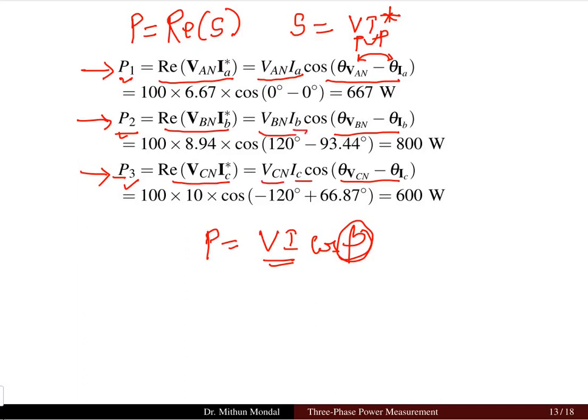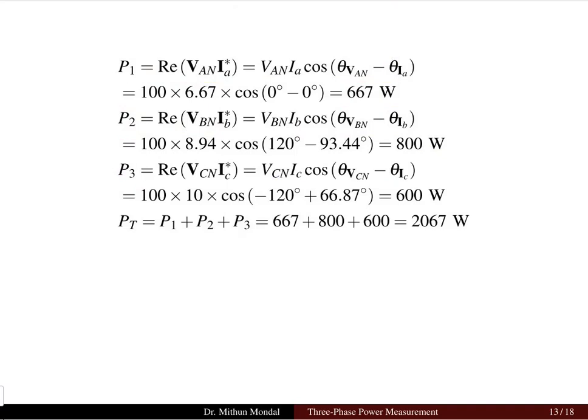So we can easily estimate that power P1 is 667 watt, power P2 is 800 watt, and power P3 is 600 watt, after substituting the values of the voltage, current and the power factor angle in the respective phases.